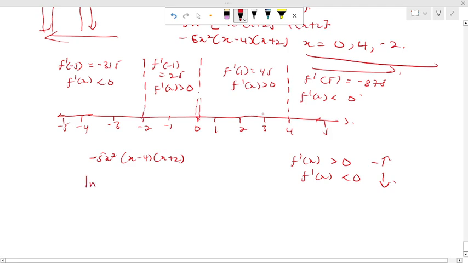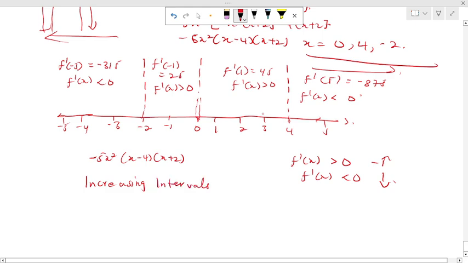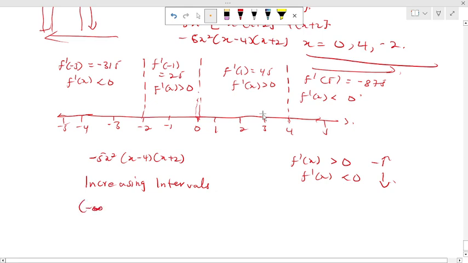So using these intervals and these values we got, we can get our increasing and decreasing intervals. So let me write the decreasing intervals. From this segment, negative 2 to negative infinity, so I'll have negative infinity on the left side for my negative 2.